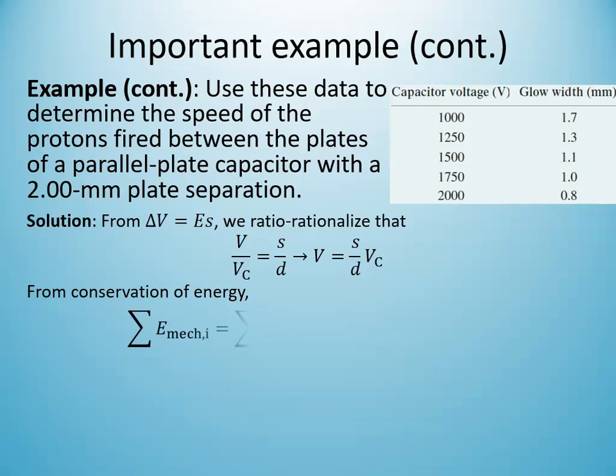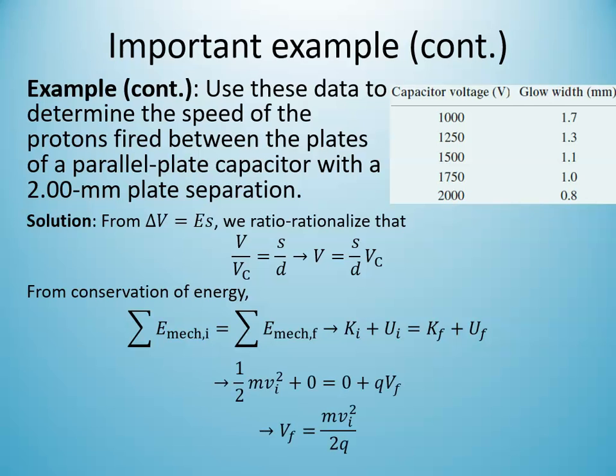So from conservation of energy, we use the fact that initially it's all kinetic, and at the end it's all potential. So we find the relationship between the final electric potential and the initial speed of the protons, like this, where we have 1/2 mv squared for initial kinetic energy, and Q capital V final for the final potential energy.